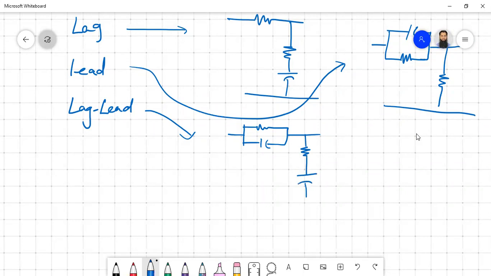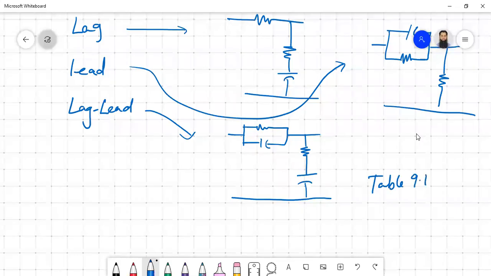Okay, so just do the calculation, find out the table, Table 9.11. Okay, we don't have much time, but if you want, we can divide the lead compensator one maybe. And then you have to figure out example 9.10.